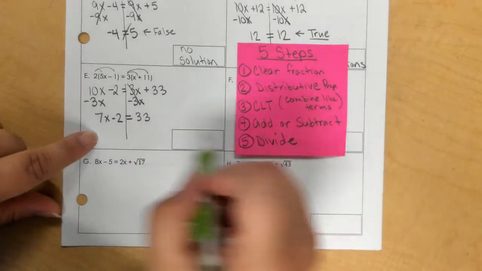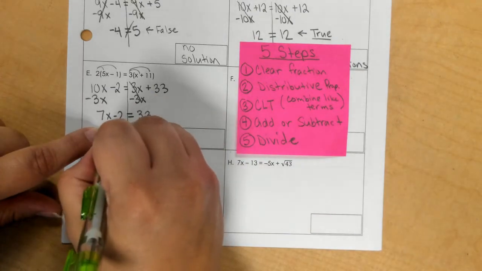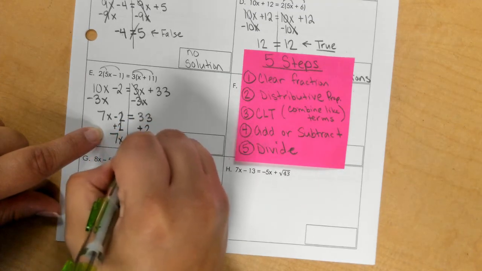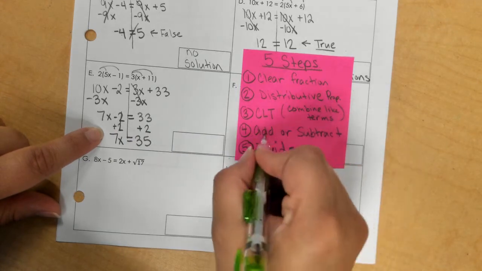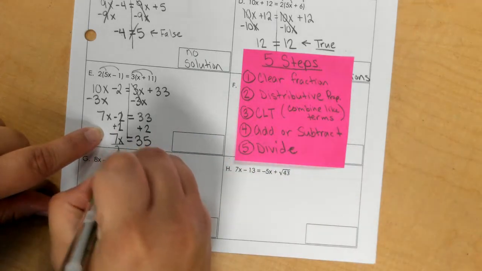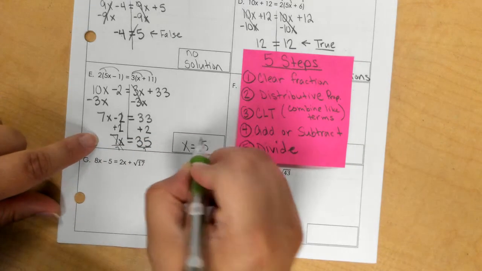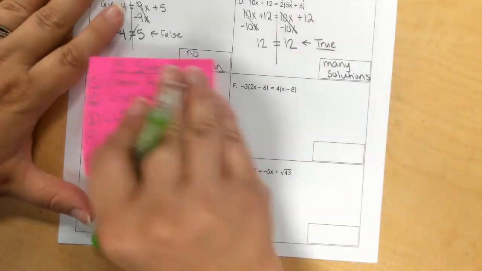And now we're back. We already subtracted the 3. Now we need to add the 2. So it's kind of like we did this twice, because we subtracted the 3, we added 2, and now we can divide. And x would be 35. I'm sorry, x would be 5. 35 divided by 7 is 5.